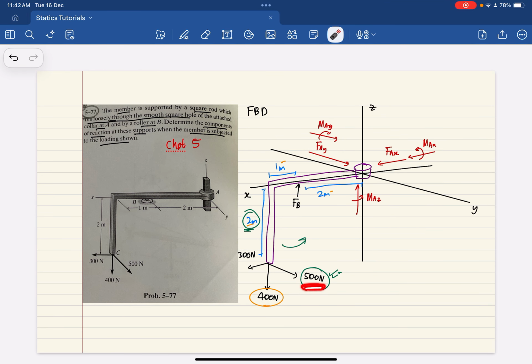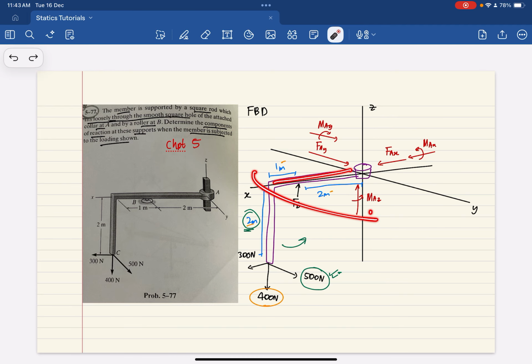So 500 Newton actually can, because this 500 Newton is pointing towards the y direction, but it has a distance along the x-axis, which is just 1 meter and 2 meters. So it will actually be rotating along the z direction, and it's going to be, oh sorry, let me undo that. It's going to be clockwise, yeah. Sorry, it's not going clockwise. It's going to be counterclockwise actually.